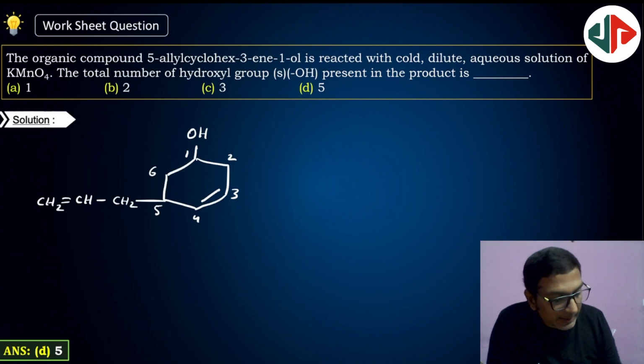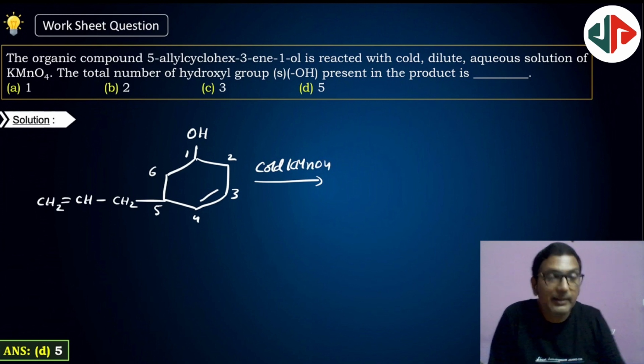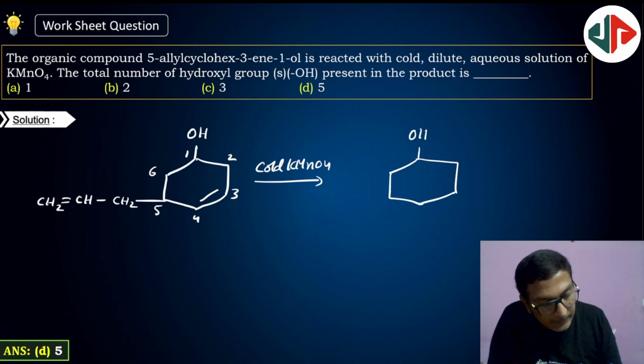So this compound on reaction with cold and dilute KMnO4, that means simply cold KMnO4, which is Baeyer's reagent, gives here 1 OH and here also 2 OH groups will be there.